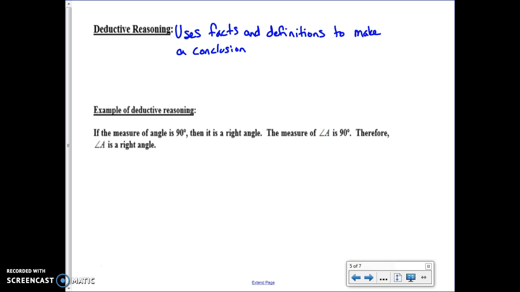An example of deductive reasoning is right there. If the measure of an angle is 90 degrees, then it is a right angle. The measure of angle A is 90 degrees, and since we know that, therefore, angle A is a right angle.